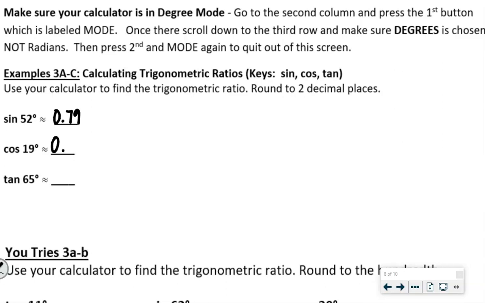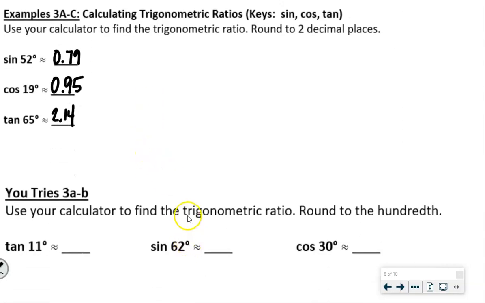Here again, it's 0.95 because it's 0.945, right? And then we're going to do the tangent of 65. And notice that this is the only one that's greater than 1. So this is going to be 2.14, okay? So go ahead and do the tries down here at the bottom, and then come back to me when you're done.